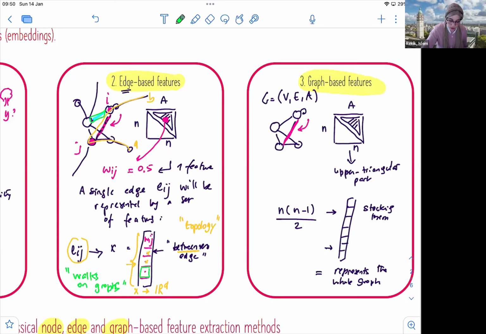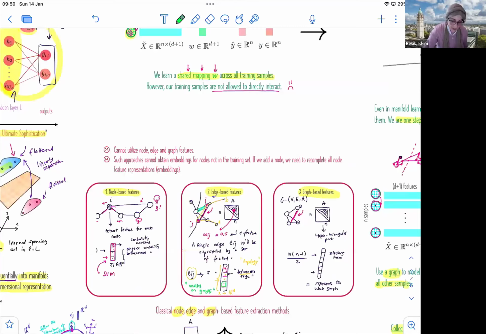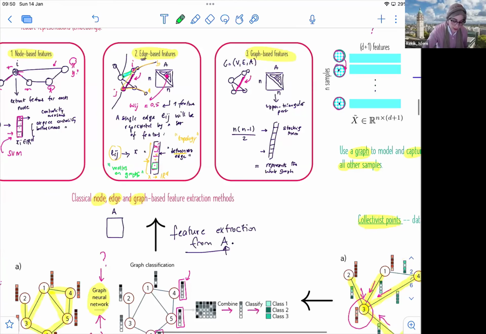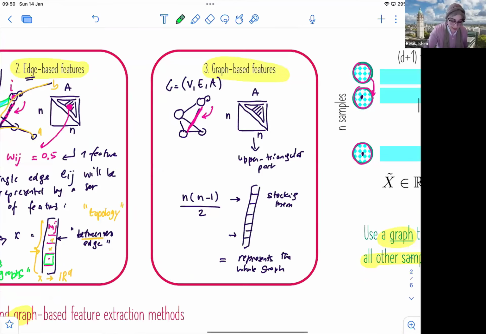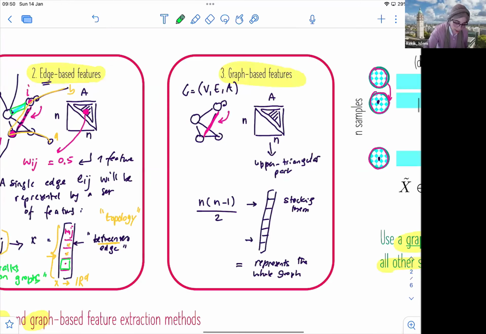Now, for the graph-based features, we can either extract the features of the whole graph from edge features or from node features, and we can combine both. For example, here we combine different edge weights. If we take this as one feature representing one edge, then if you stack them all together, you're going to get that. What we can also do is concatenate or add up, combine.